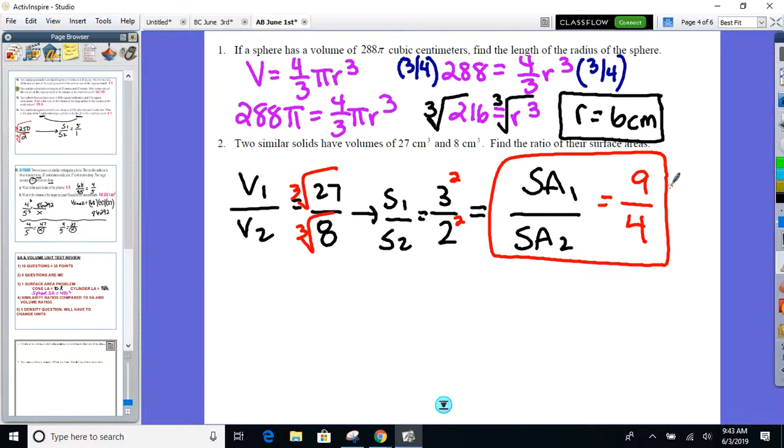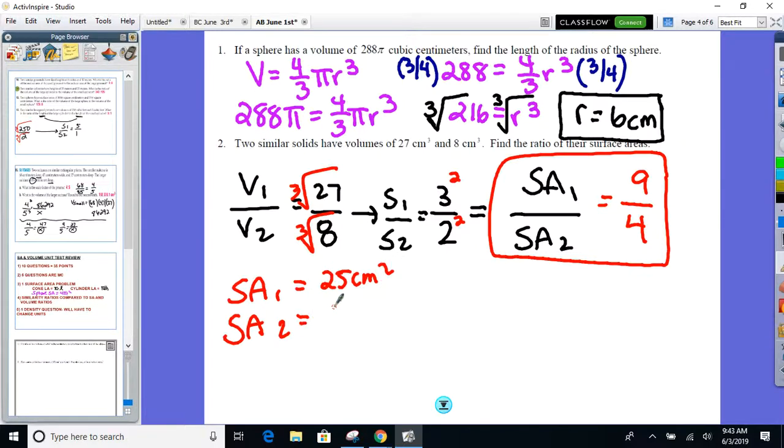Now tomorrow, I may take this a step further. I may say the surface area of a smaller figure is 25. What's the surface area of the bigger one? So you need this 9 to 4 to set it equal to x over 25. Expect that tomorrow. Let's say the surface area of one of them is 25 square centimeters.